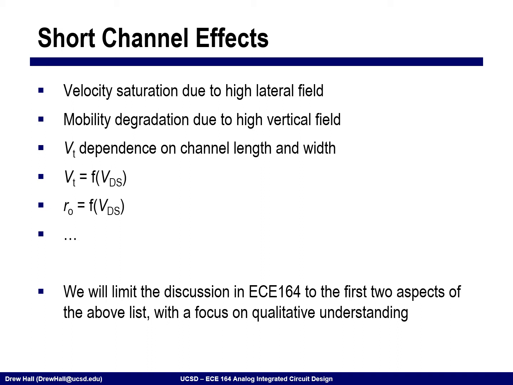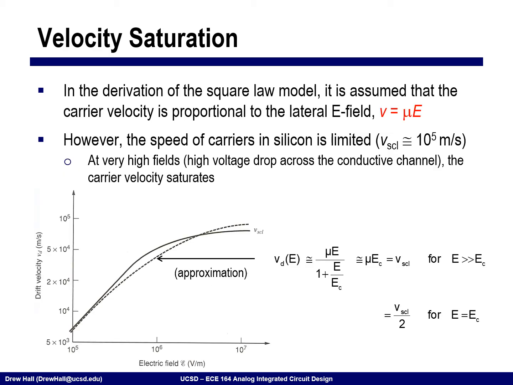We're going to focus mainly on these two up here. So we're going to talk about velocity saturation and mobility degradation in order to establish a qualitative understanding of what's going on in these plots. So velocity saturation: recall back from lecture 1 or 2, where we derived for a square law model that the carrier velocity was proportional to the lateral electric field.